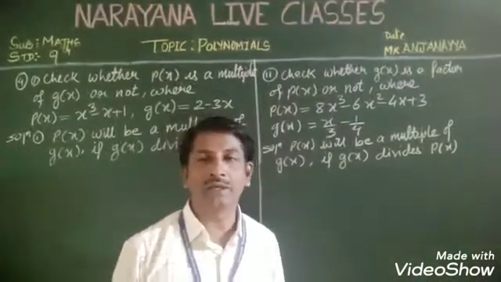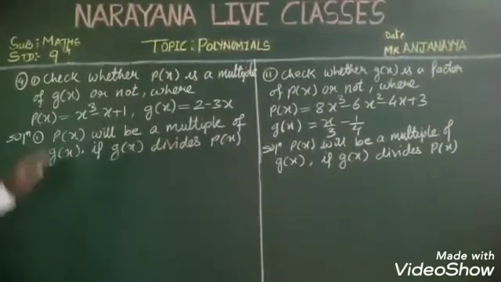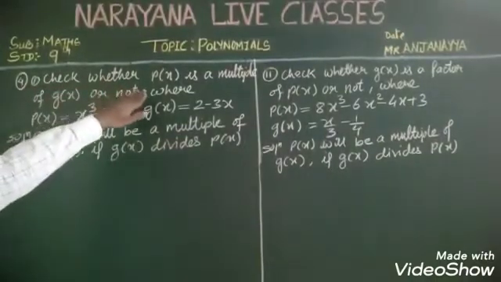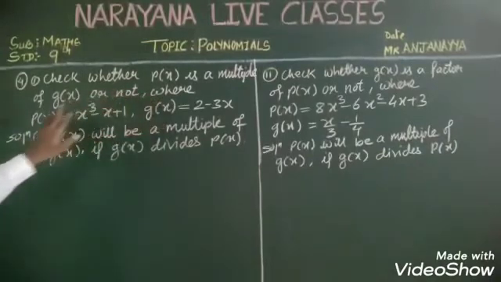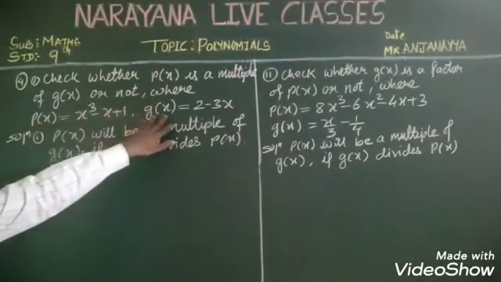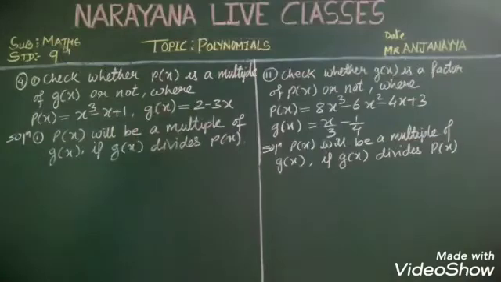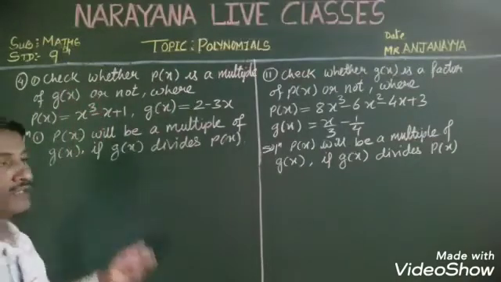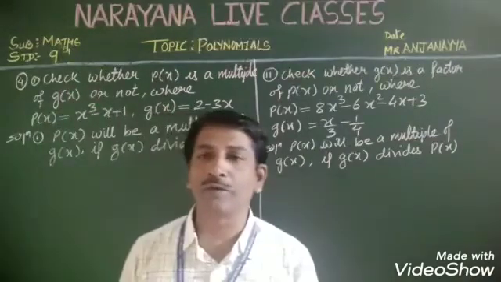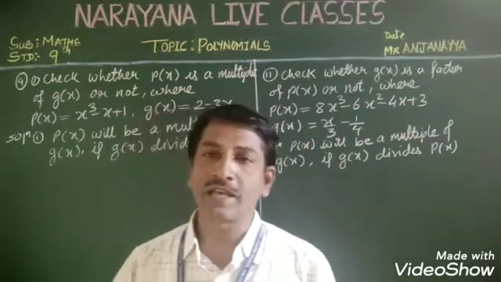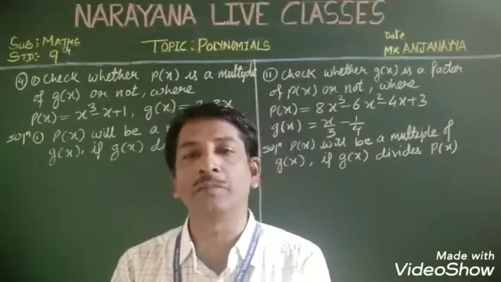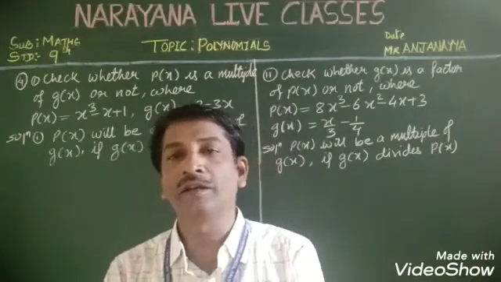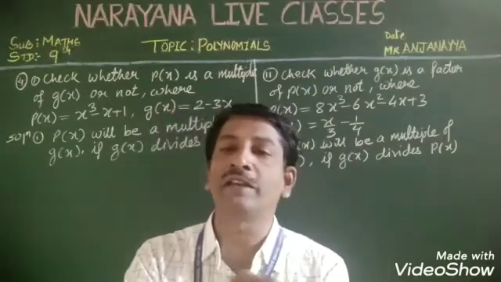Now coming to the next question, they had given: check whether p of x is a multiple of g of x or not, where p of x and g of x are given. To check whether it is a multiple or not, we check whether the remainder after substituting the value in p of x is 0.